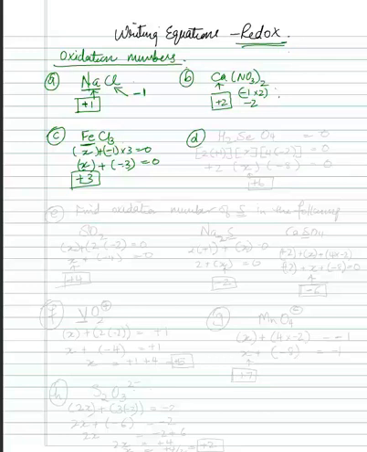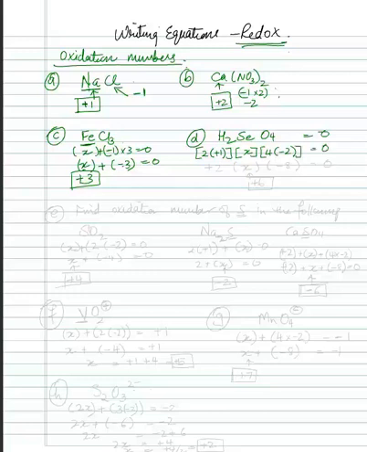Let's take a little bit bigger molecule now. H2SeO4. Remember, total charge should be 0. Here we have 2 hydrogens, and each hydrogen is +1. Selenium is what we are trying to figure out, so that is our x. And then we have 4 oxygens, each oxygen is -2, and this should all be equal to 0.